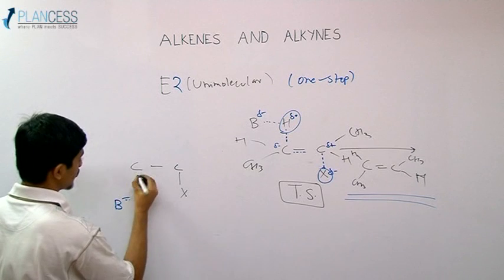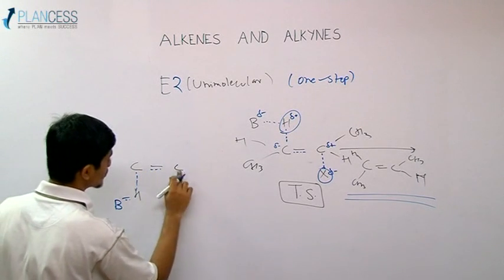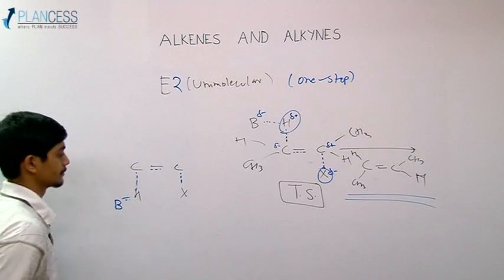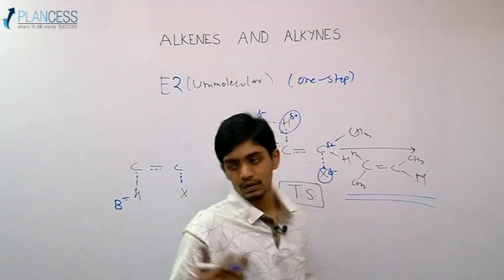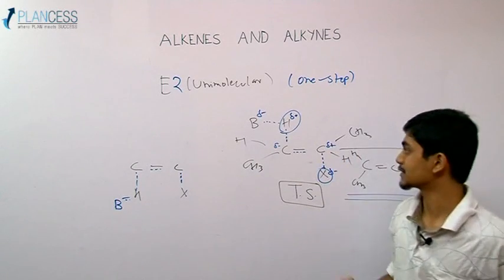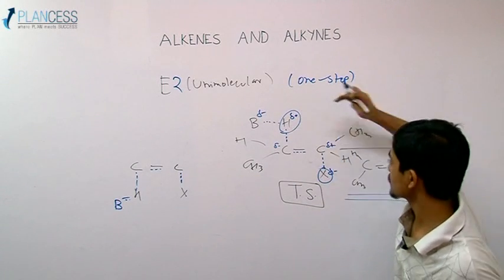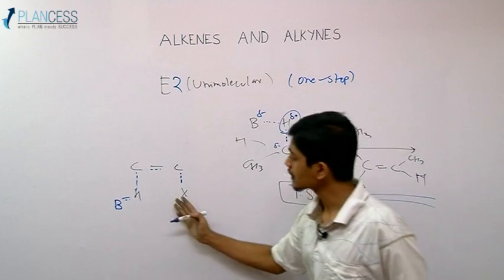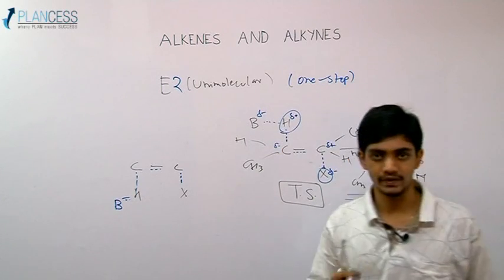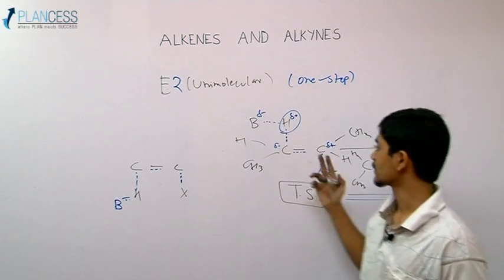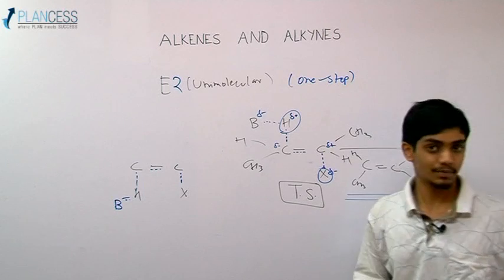So now, if our transition state is something like this, then what is wrong? We can have a transition state which looks like this, that is a hydrogen which is anti to X, or a hydrogen which is very close to X. What is wrong in this, and why is this the only transition state possible?